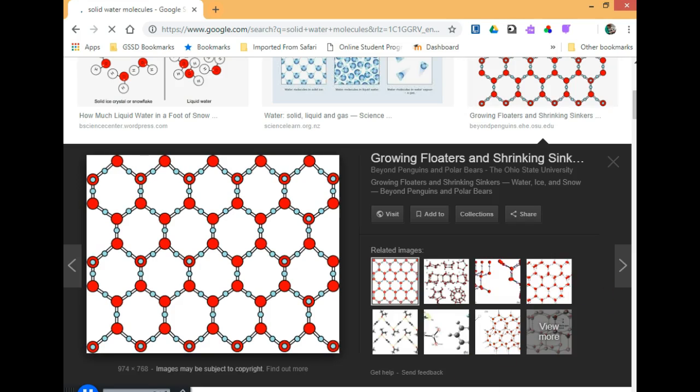So that's what the water molecules look like when they've been forced into a certain shape because of these attractions between slightly negative and slightly positive ends of the water molecule. This takes up more space than liquid water particles that are able to move around and break these attractions. Because of that, water floats. Solid water floats.